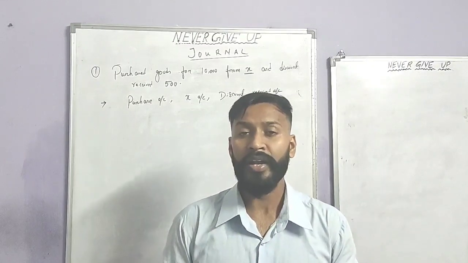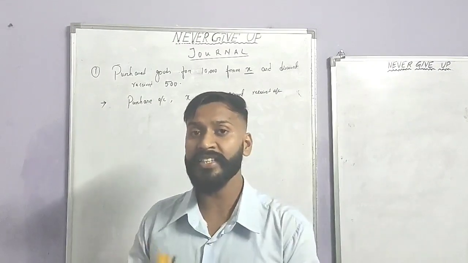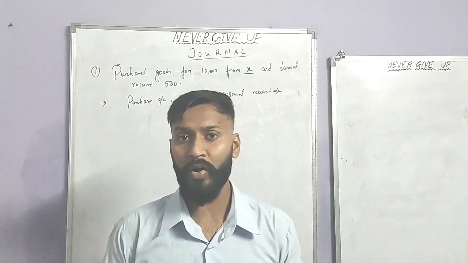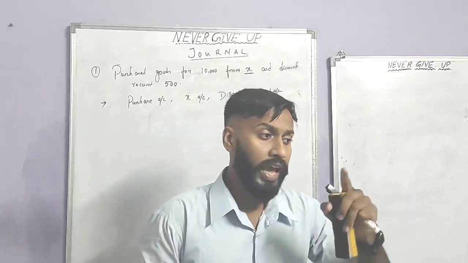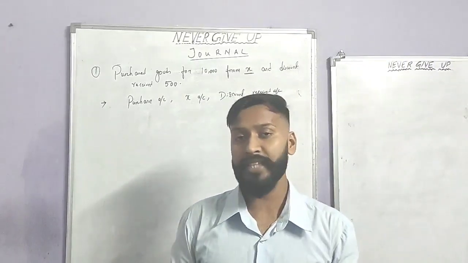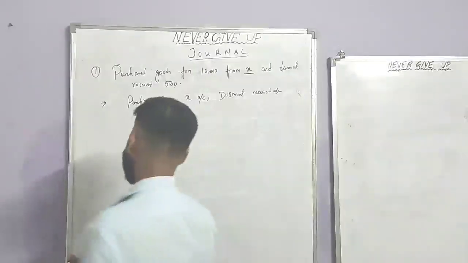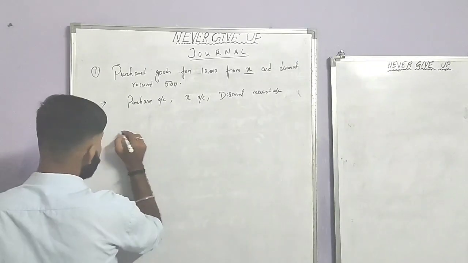So it will be recorded on the credit side. According to the nominal account rule, all income and gain is credit, all expense and loss is debit. So the journal will be purchase account debit.